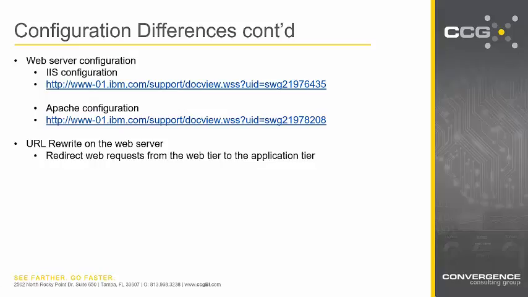Also, when you're configuring IIS, there are a couple of different ways it can be configured depending on your need. One, you can use something called the Application Request Routing extension.